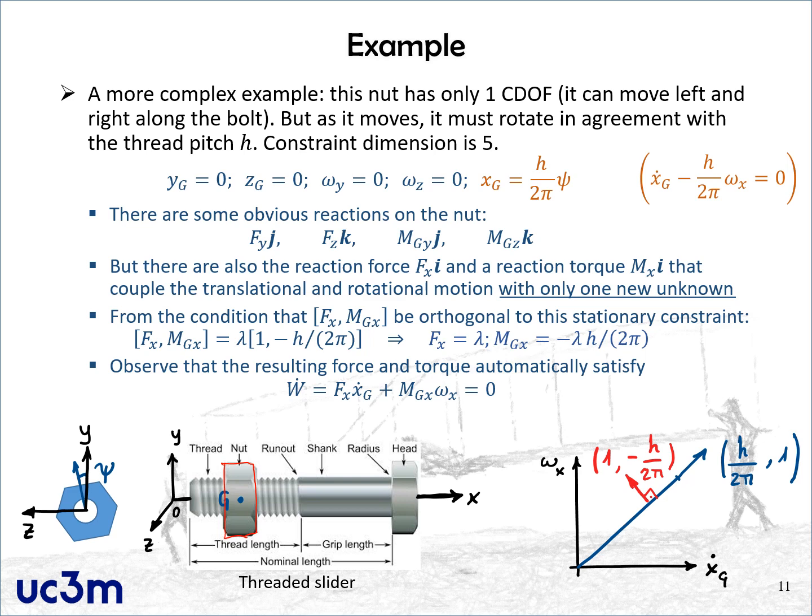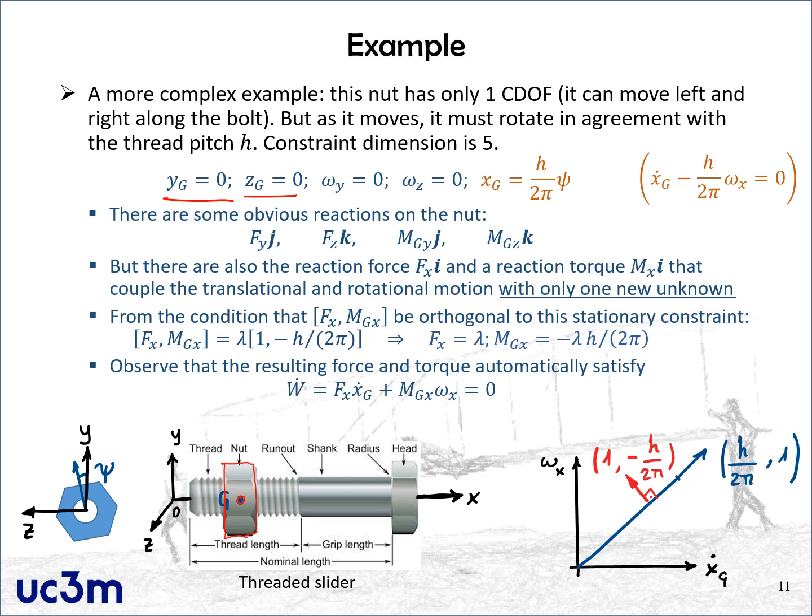Now, there are some obvious constraint equations that we can write directly. First of all, the motion of the center of this nut in the y and z directions are forbidden. So we can say that yG and zG are equal to 0.